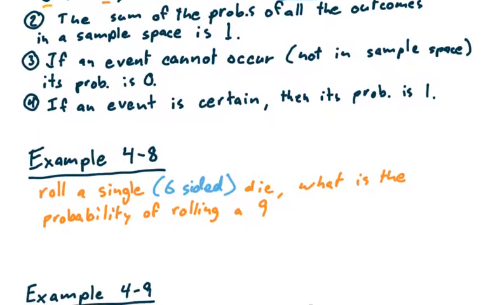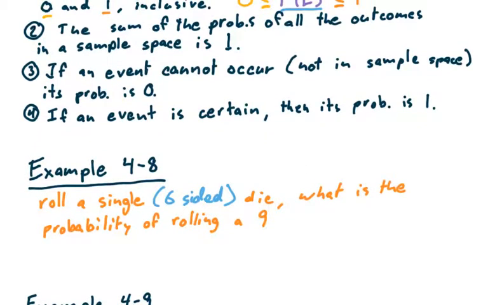Here is example 4-8, and it says, when a single die is rolled, find the probability of getting a 9. So here, we're going to roll a single die, and we're assuming that it's a regular 6-sided die. What is the probability of getting a 9?